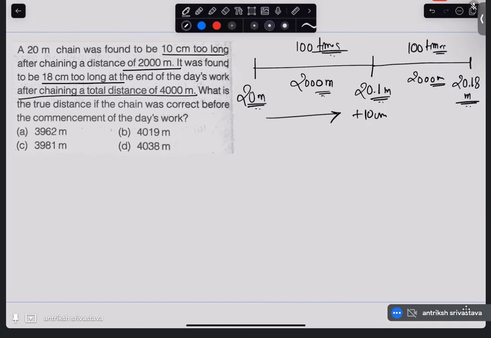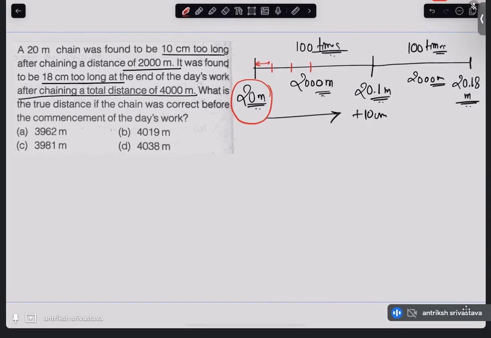All right. So if you take an average, so what is happening here exactly? The thing is, the chain length has been increasing due to heat or due to wear and tear as we are laying down the chain and measuring these distances. Okay.